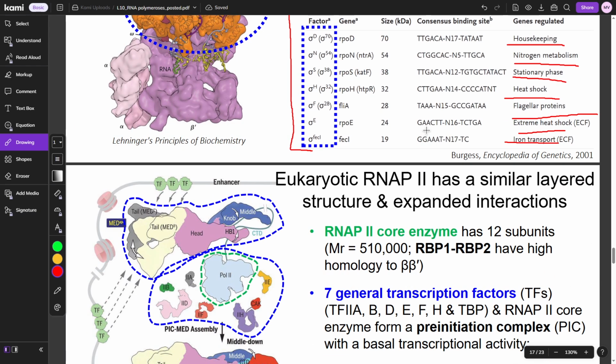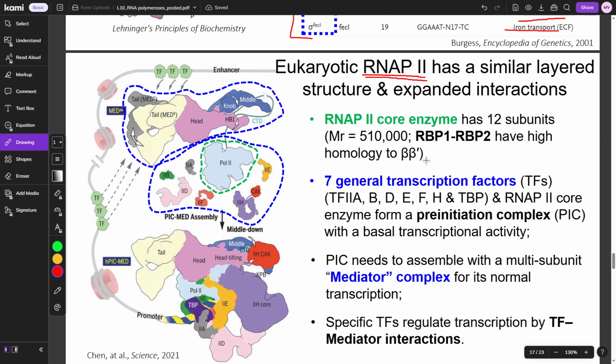Eukaryotes, though, are weird. Eukaryotes use RNA polymerase 2 specifically. Memorize that. It's specifically RNA polymerase 2. And it has a similar layer of structure. But what you should know is there are 12 subunits in the core enzyme. You don't have to know specifically what they are.